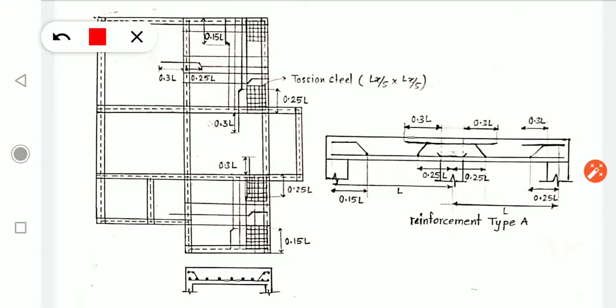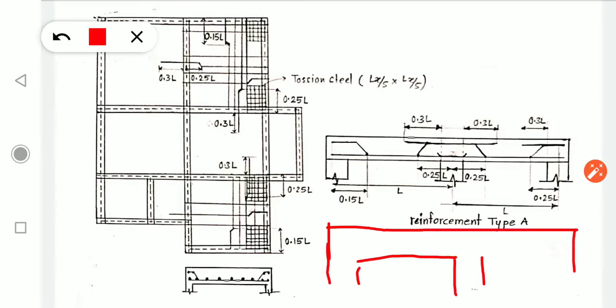Let's see over here. Here we can see that it is a continuous slab. We have drawn a continuous slab like this, correct? It is having an exterior support, a middle support, and again one exterior support, right?